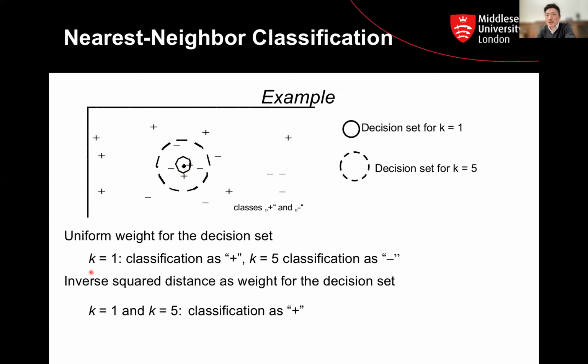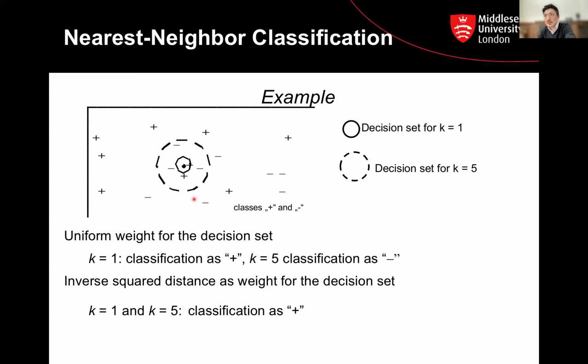Okay, so if we only look at the nearest neighbor, in this case, the nearest neighbor would be this one. And so then we'll say the class of this point should be plus. But also, you can say, okay, I'm going to consider 5 nearest neighbors and then decide what the class of this one should be.